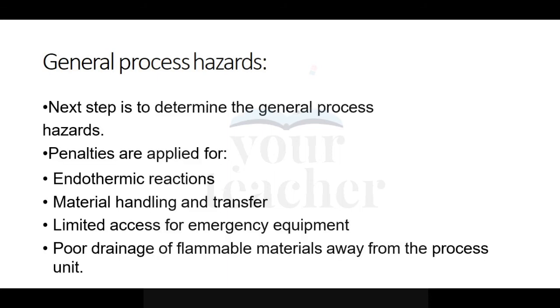In the general process hazard, penalties are applied for endothermic reactions, material handling and transfer, limited access or the distance for emergency equipment, and poor drainage of flammable materials away from the process unit. By applying penalties for all these, we can calculate the general process hazard factor.